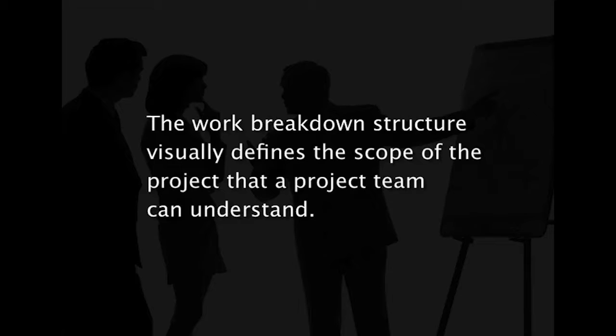This framework is considered as work breakdown structure or WBS. The work breakdown structure visually defines the scope of the project that a project team can understand. It provides help in activity and resource scheduling within timelines and also to have communication and control over the project.